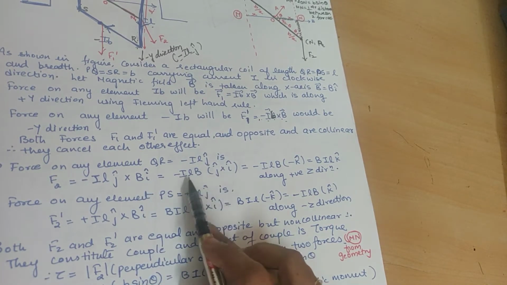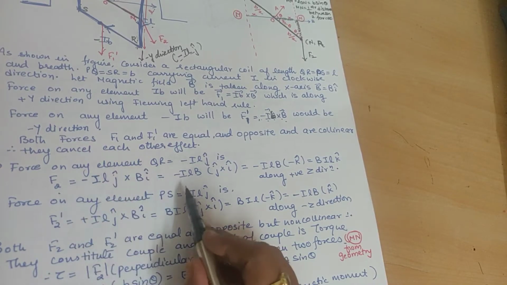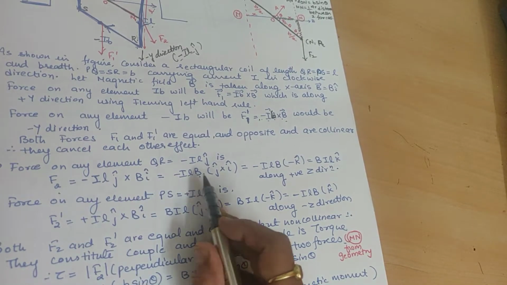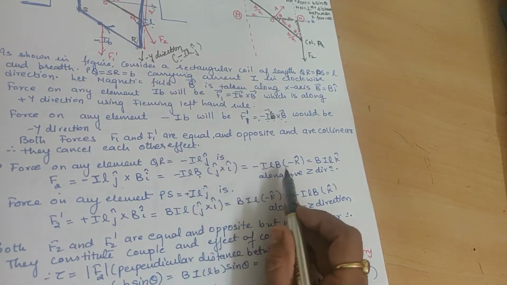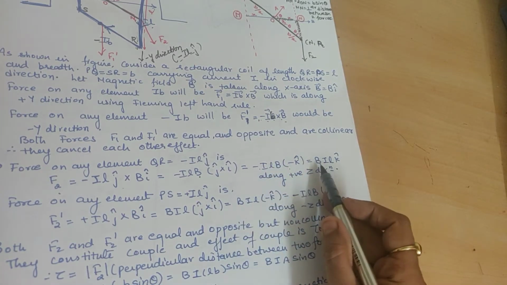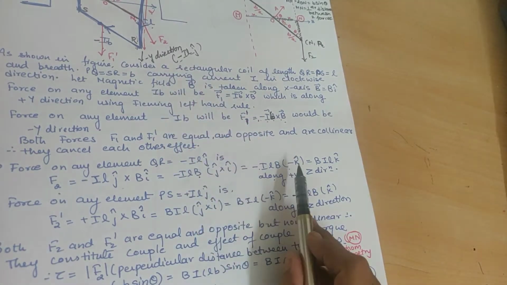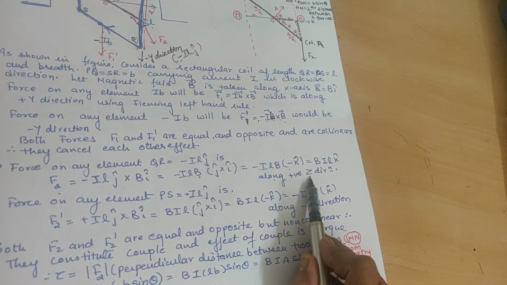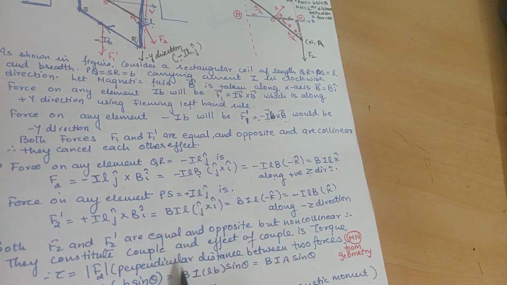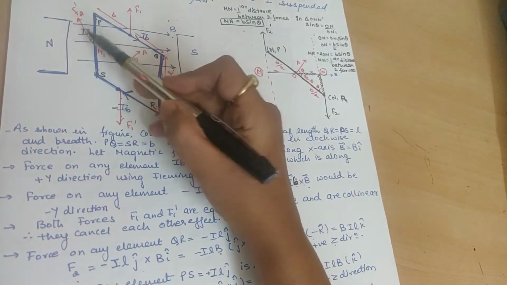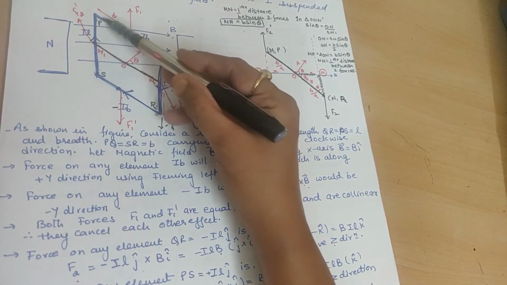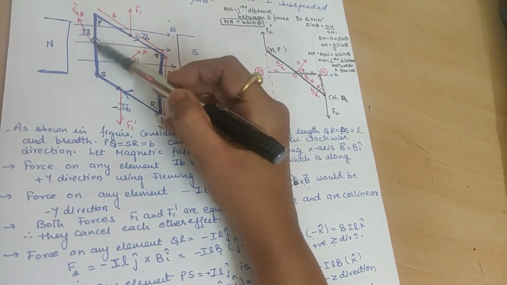So what would be the value of the force F2? That is minus ILB, you know, J cross I is minus K, so minus will become plus. So this indicates that this force, that is F2, is in which direction? Positive Z direction.